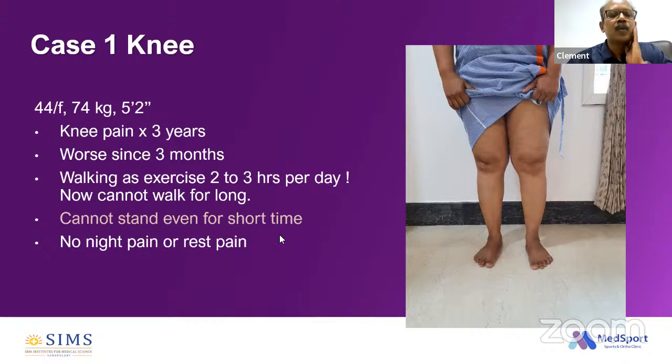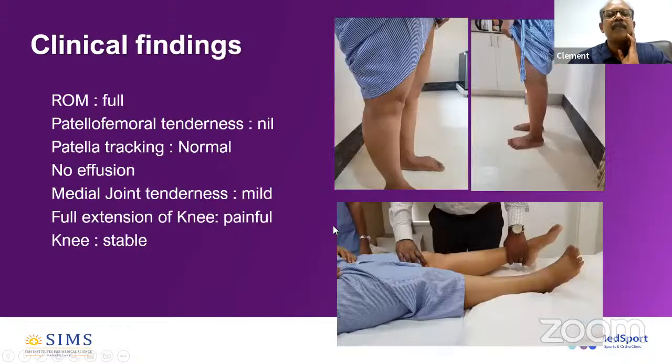Before that, she was walking as an exercise 2 to 3 hours per day. Now she can't even stand for a short time. There was no night pain. The prominent clinical findings were that the range of movement was full, very minimal patellofemoral tenderness, tracking was normal, no effusion. The medial joint line tenderness was mild, full extension of the knee was painful, and the knee was stable.